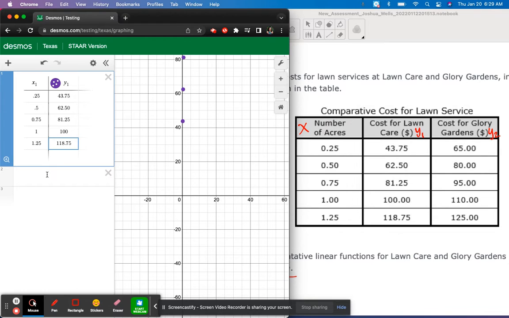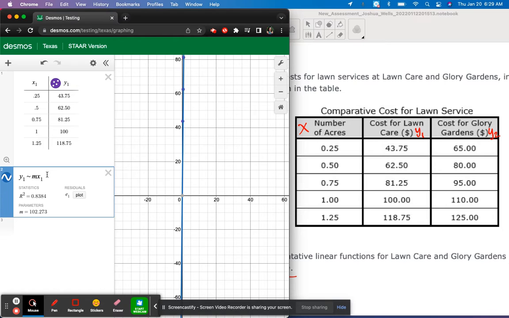The next thing we have to do is type in our equation, which is y1 squiggle mx1 plus b. And if you forget this equation, it is, at least in my room, on an anchor chart.